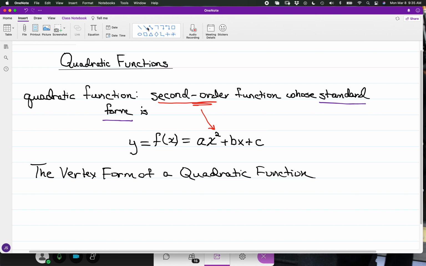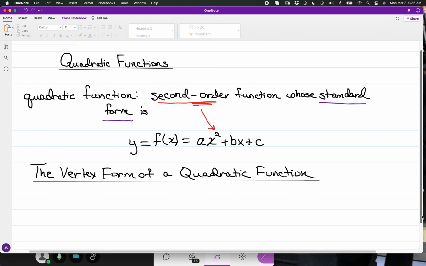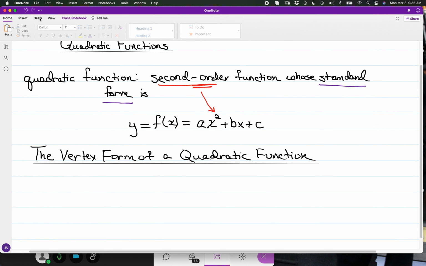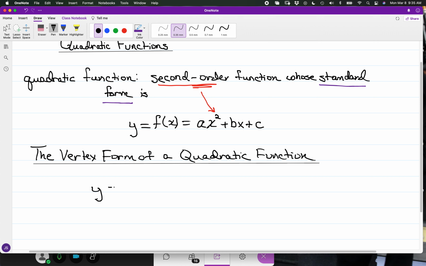And there's going to be a bit of a change up in terms of the variables. Now for the vertex form of a quadratic function, we're going to have that y is equal to f of x.